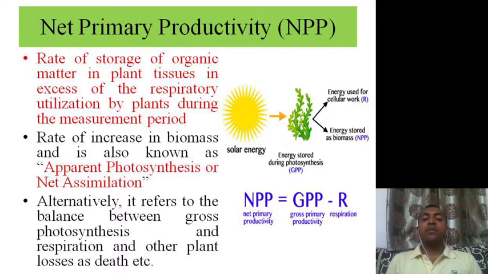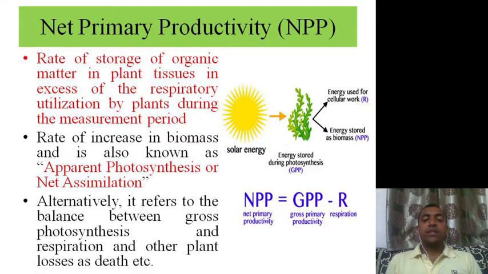However, the plant loses some amount of energy for cellular work through respiration. So in the equation, NPP is equal to GPP minus R. Net primary productivity is equal to gross primary productivity minus respiration. It is the rate of increase in biomass and is also known as apparent photosynthesis or net assimilation. Alternatively, it refers to the balance between gross photosynthesis and respiration and other plant losses such as death.